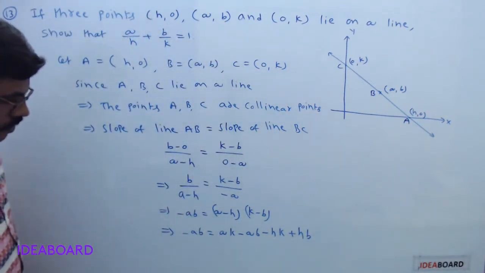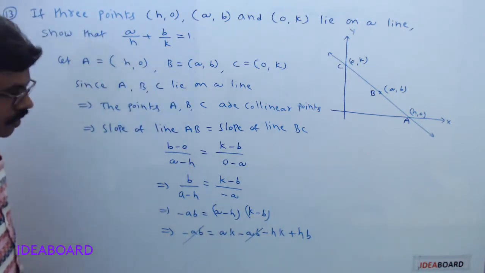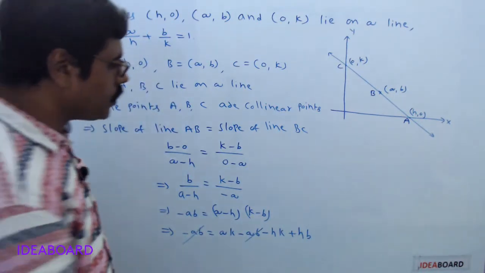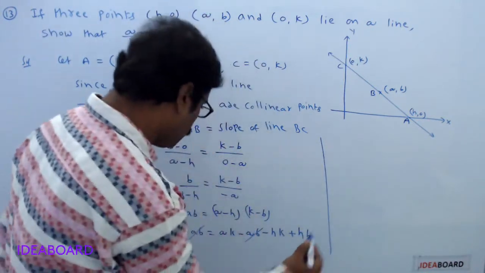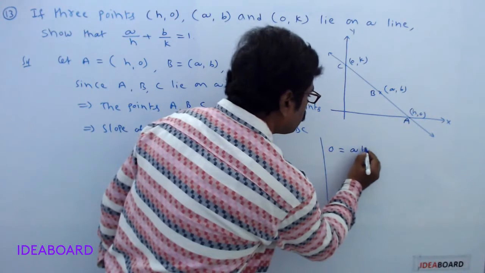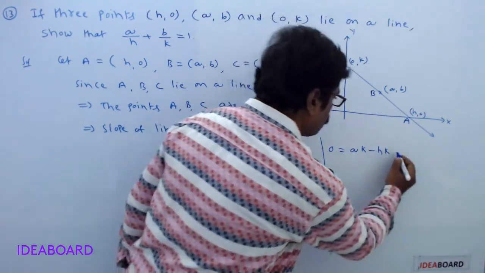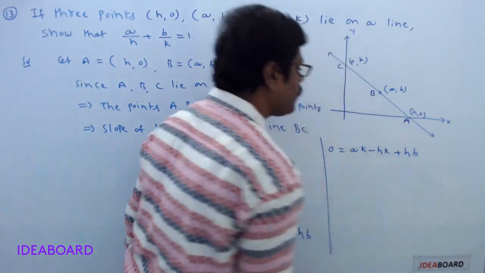Now see the cancellation of the terms on both sides. Minus ab term will be cancelled. What about the remaining expression? 0 equals a into k minus hk plus hb.